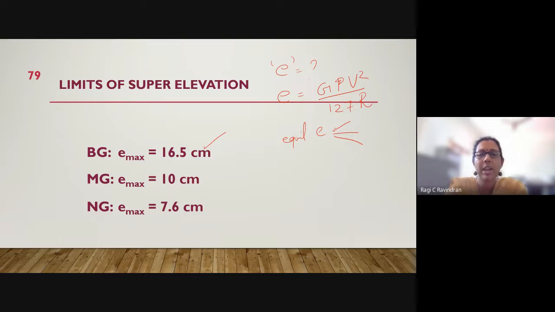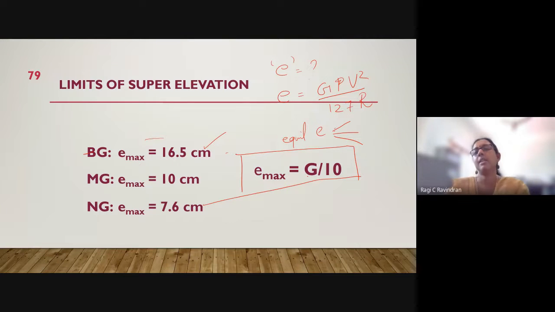And we have arrived at these standard values from here: in no case should your Emax be more than G by 10, where G is your gauge width.